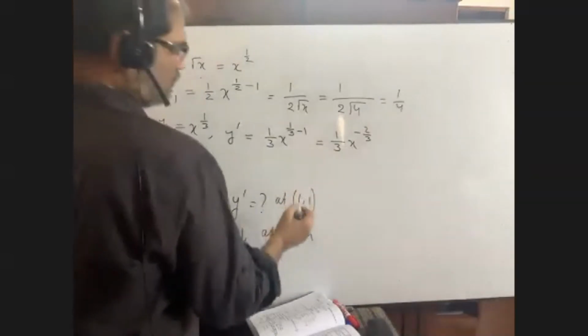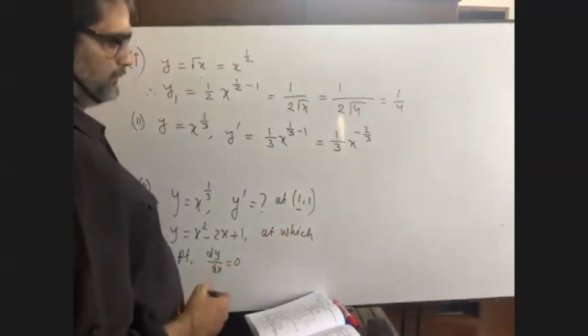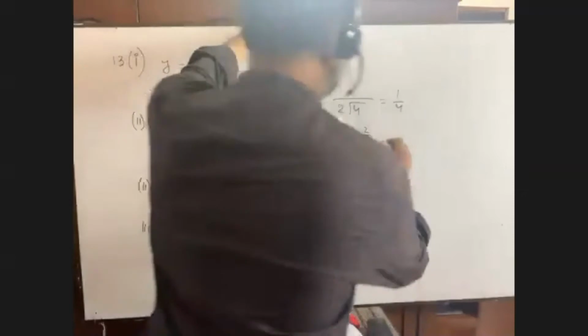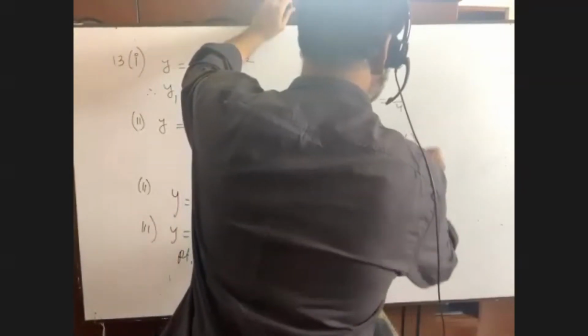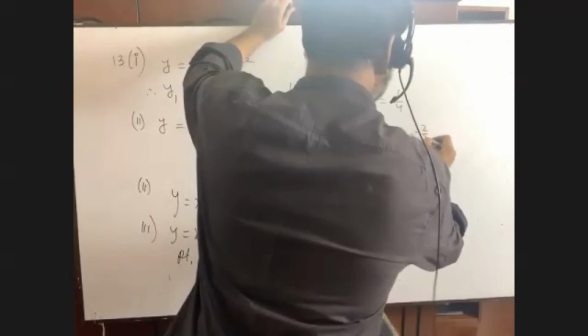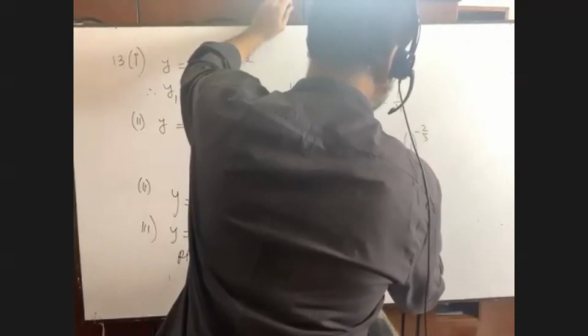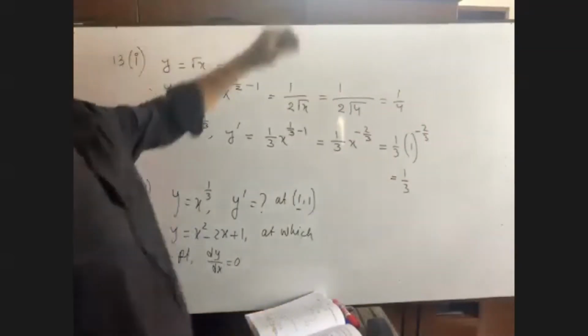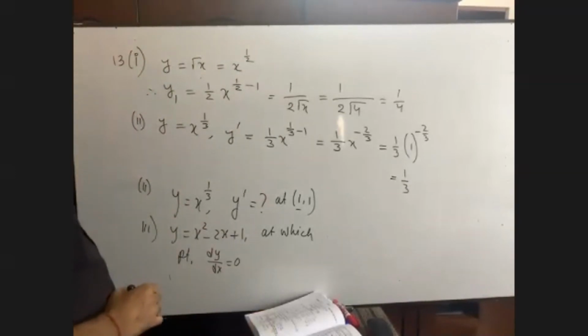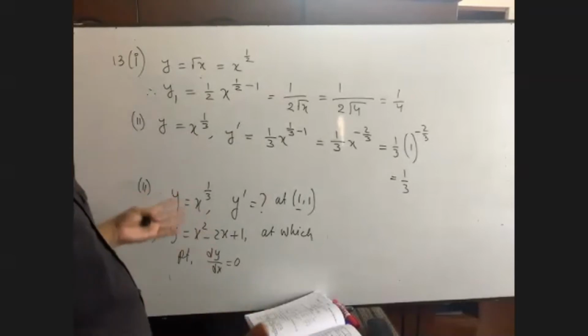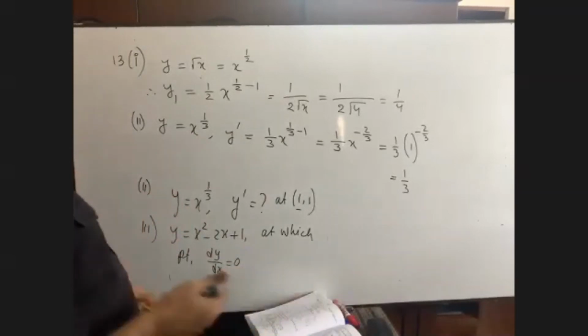Here x equals to what? 1. Very good. You put the value here: 1 by 3, 1 to the power minus 2 by 3 equals to 1 by 3. 1 to the power anything is always 1.